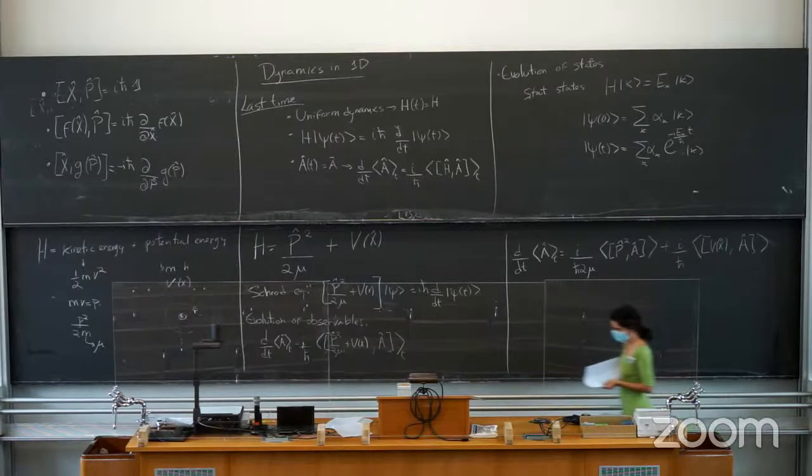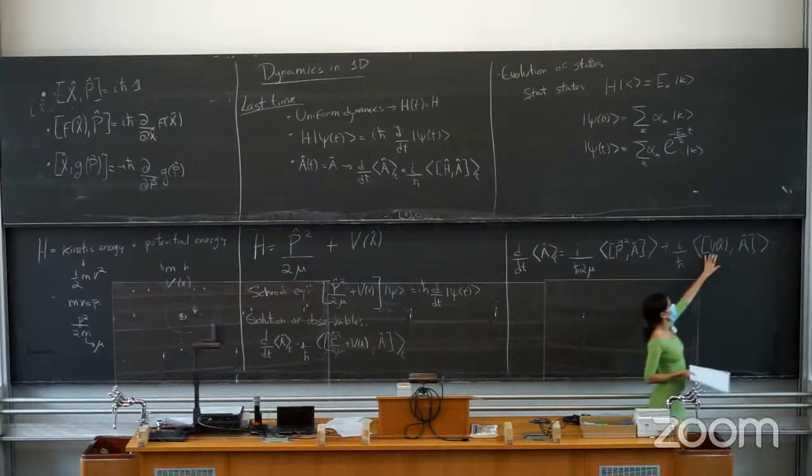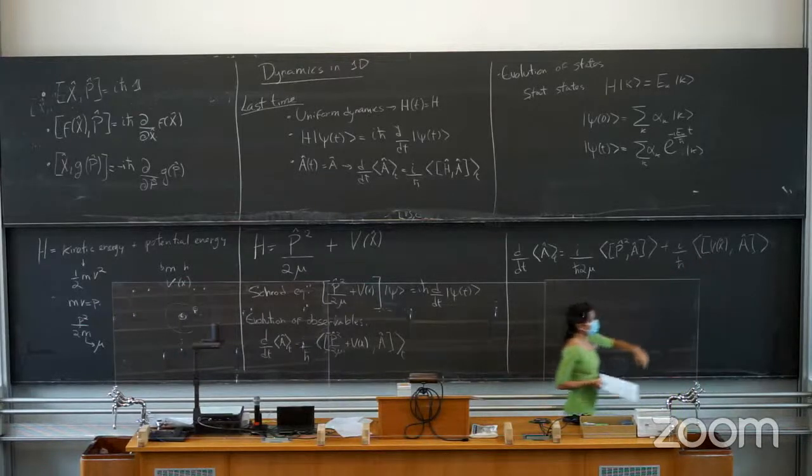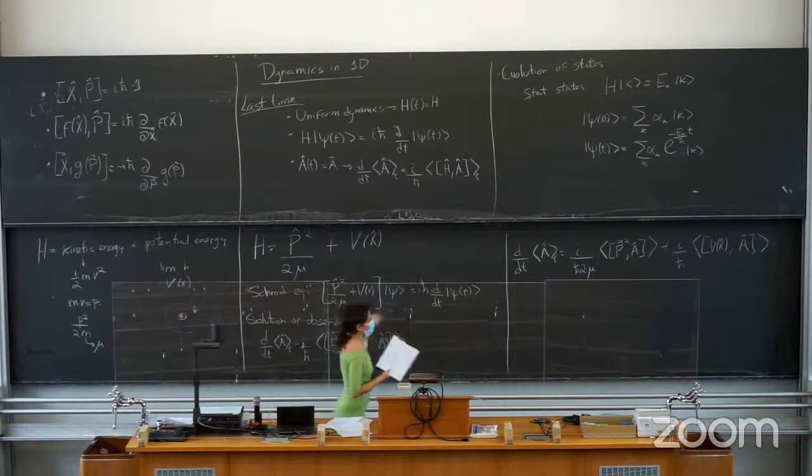So we have these two terms. One of them is a commutator with p squared, and the other one is a commutator with some function of x. This will tell us how the average of some observables evolves in time.